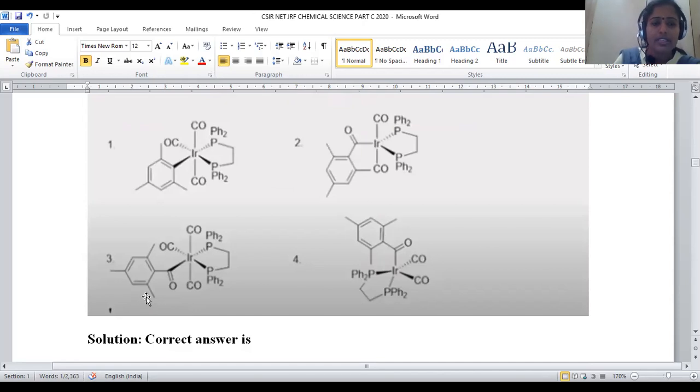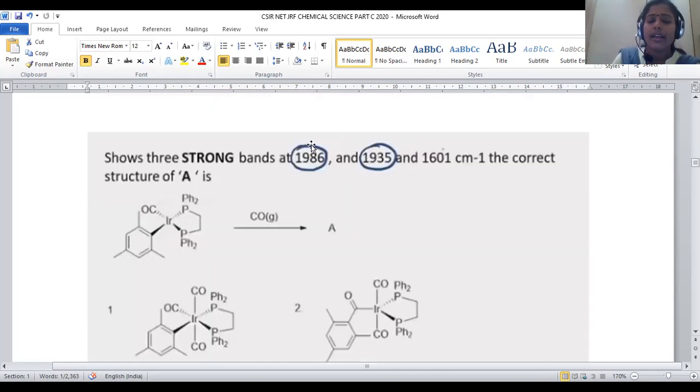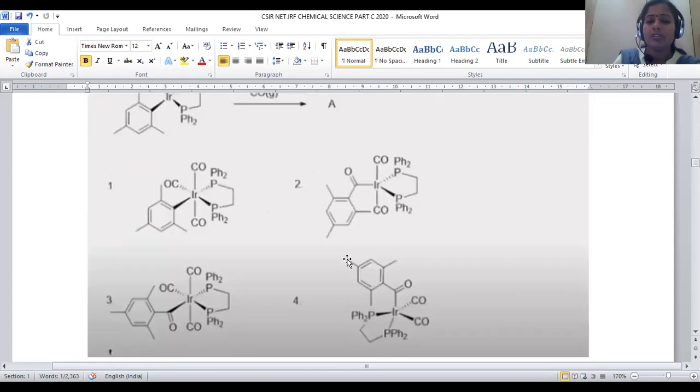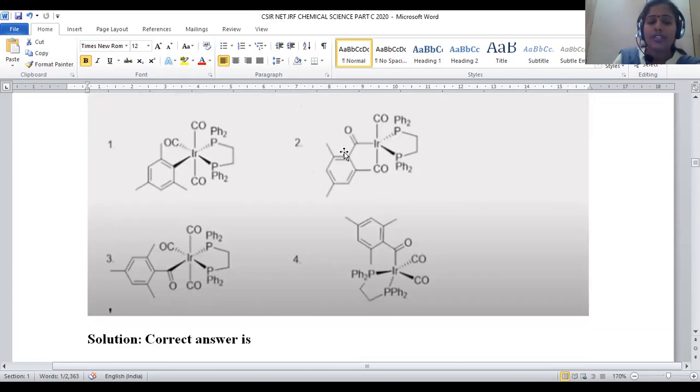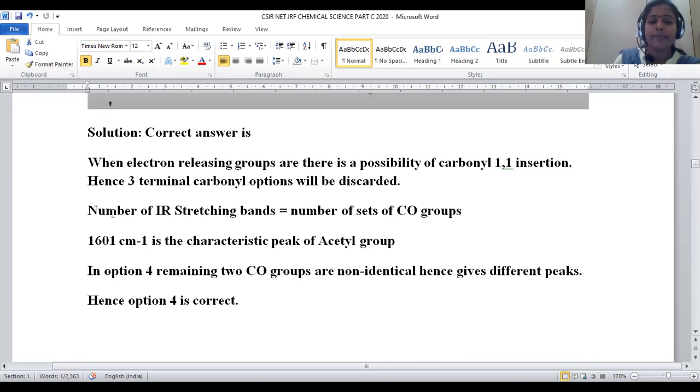Even option number 3 is having benzoyl. Option number 1 is not having a benzoyl group. So option 1 can be discarded, and there is a probability of second, third, and fourth. And 1986 is the characteristic peak of benzoyl. So it confirms there is a benzoyl group, so that either option number 2, 3, or 4 may be possible. Okay, so this is one of the possibilities.